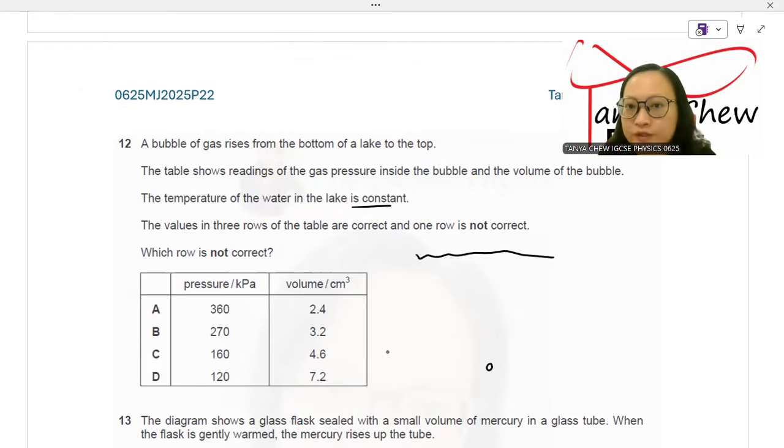Right, this is called Boyle's law. Pressure is inversely proportional to volume. So there is one equation related to pressure and volume: pressure 1 times volume 1 is equal to pressure 2 times volume 2. So I am going to multiply the pressure and the volume to see what happens. Kilopascal, I'll just leave it here. Cm cubed, I'm just going to leave it there.